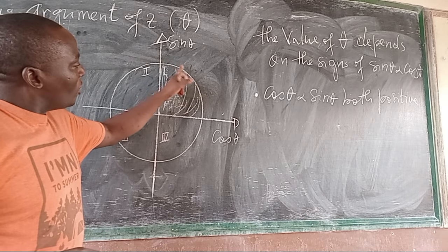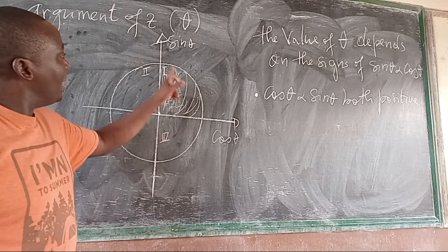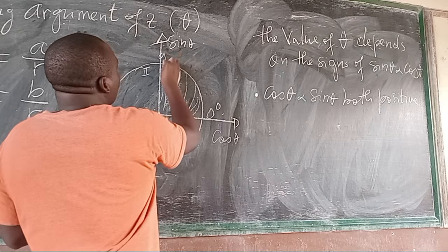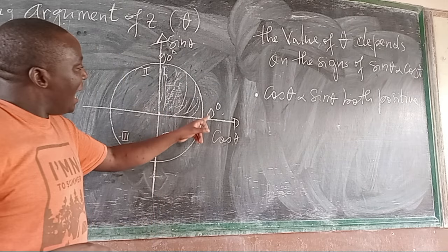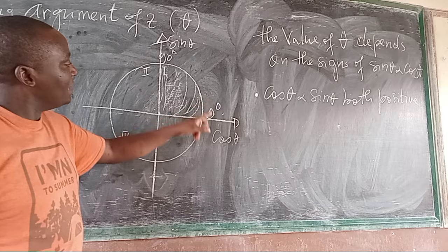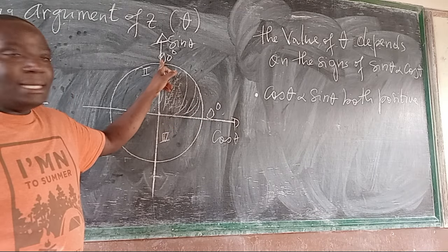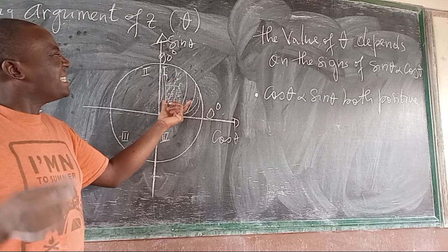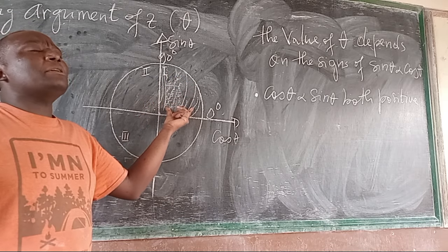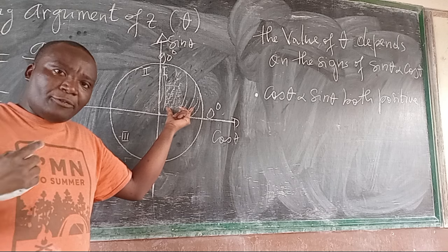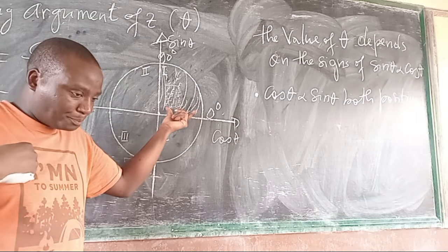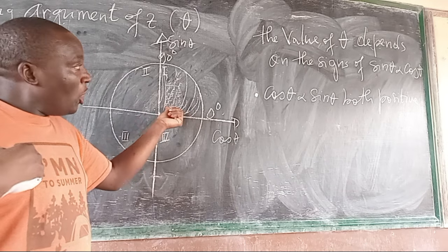All angles located in part number 1 begin at 0 degrees and go up to 90 degrees, the angles lying between 0 and 90 degrees. For those angles, the sine must always be positive and the cosine must always be positive.